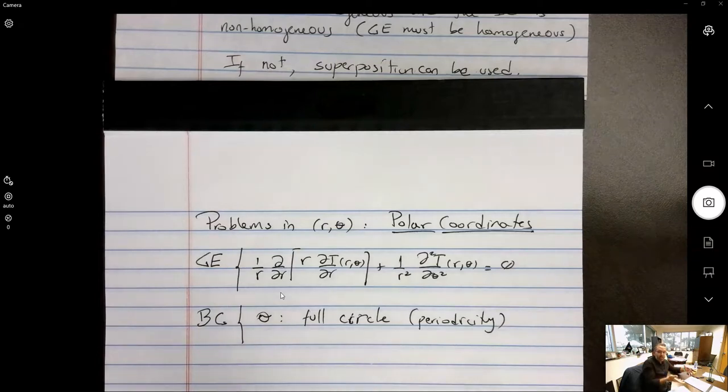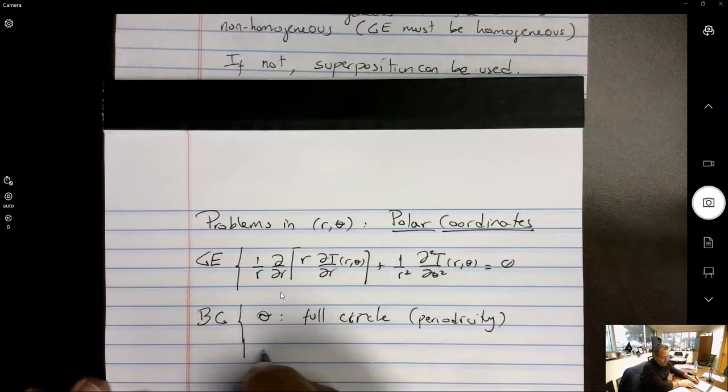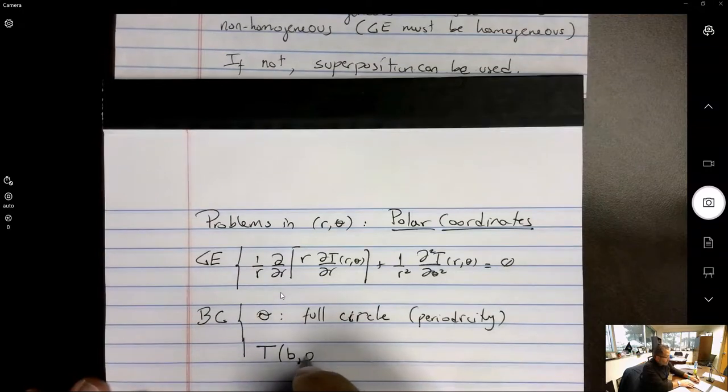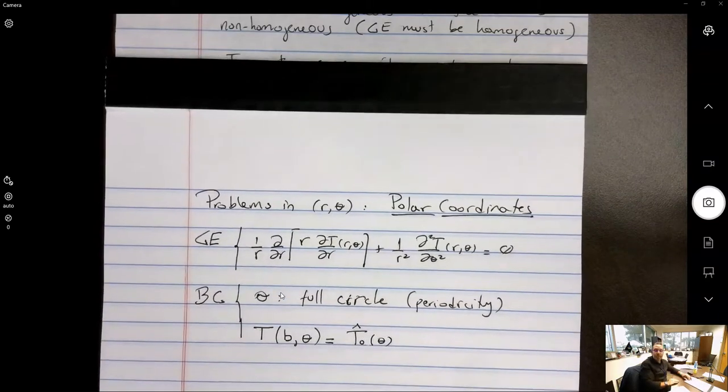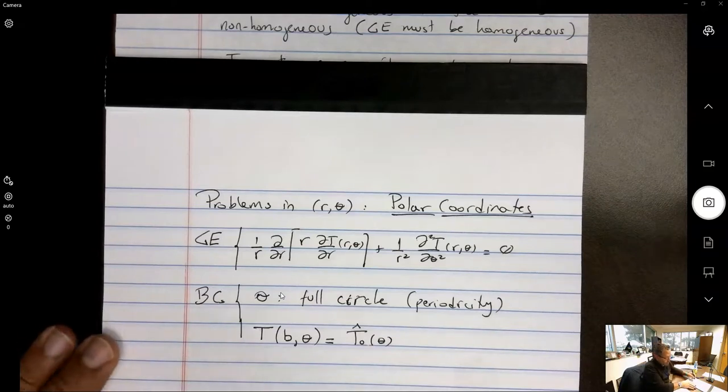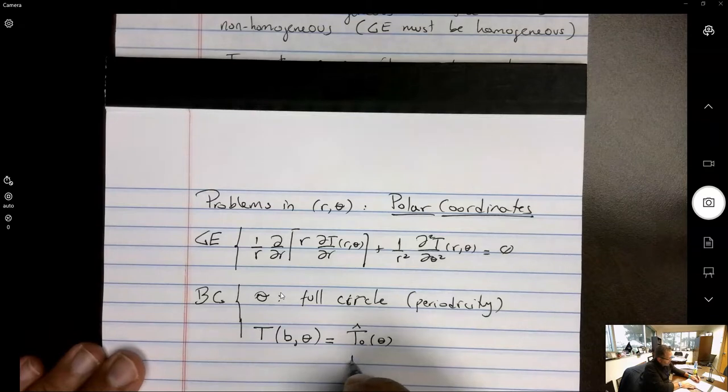But that essentially means that the solution at any value of theta is equal to the solution at the same value of theta plus 2 pi. So it's periodic. And also, let's say that we have at some radius b, comma theta, we have some temperature distribution, so a first kind boundary condition on the boundary, on the periphery of this polar coordinate. So this is what we have.